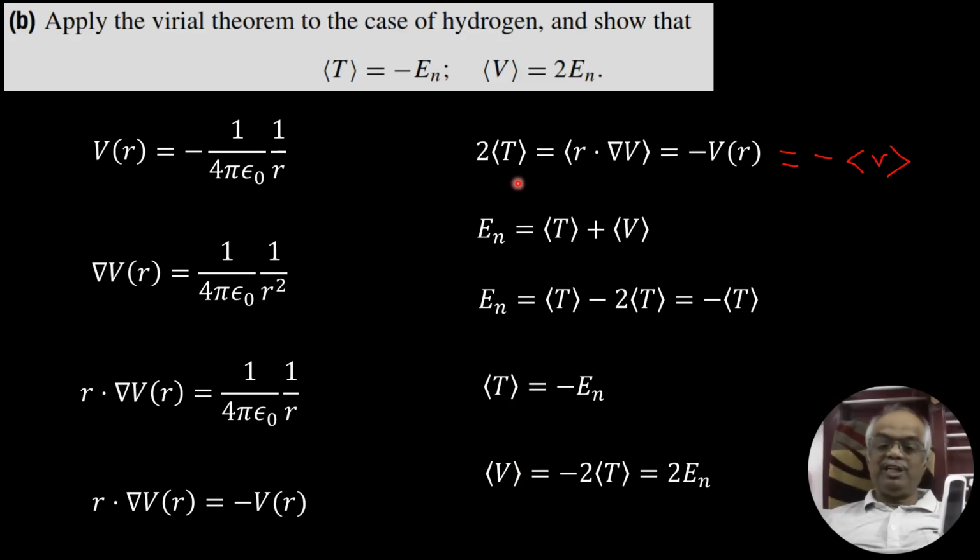From this we have seen the expectation value of V is equal to minus 2 times the expectation value of T, which is equal to, minus of minus will become plus, since the expectation value of T is equal to minus E_n, so this will become 2E_n. So we have proved this relation also. Then we will move on to next.